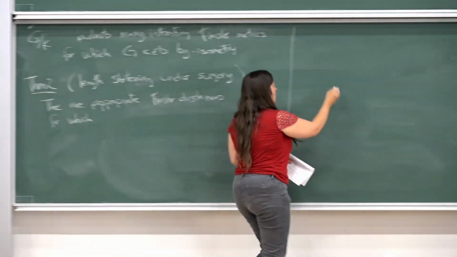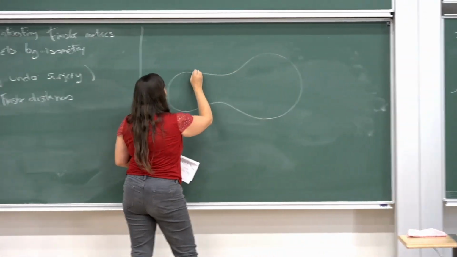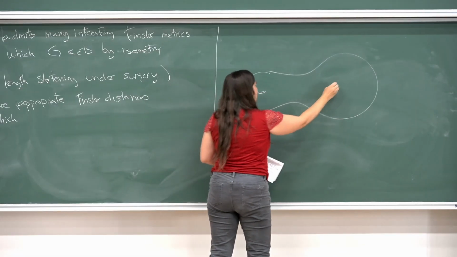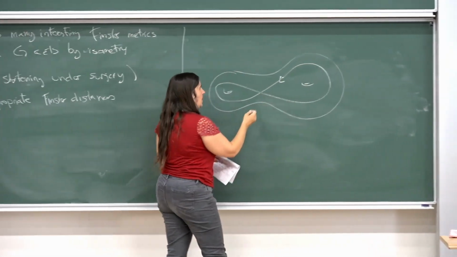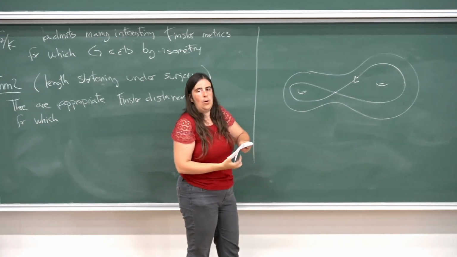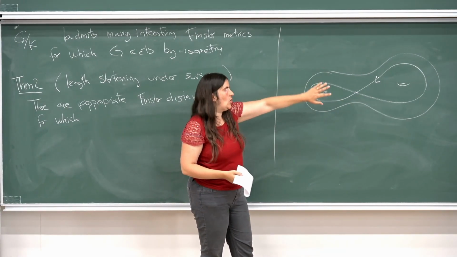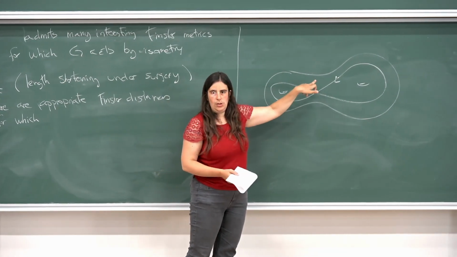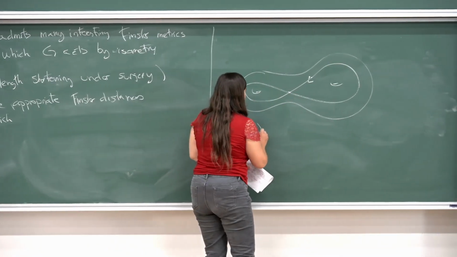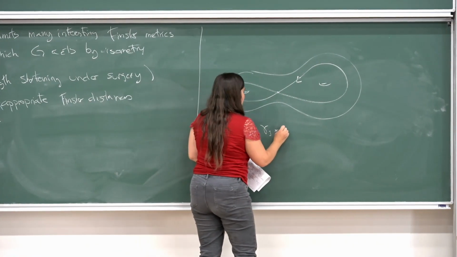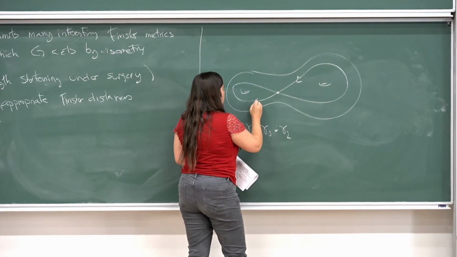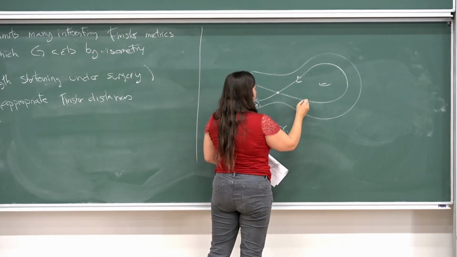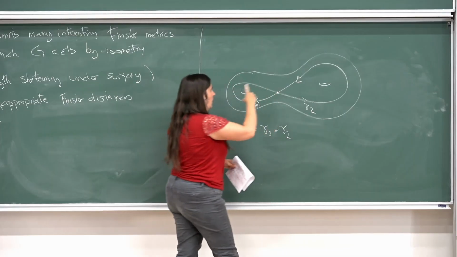if, again, I was on a surface, and in my surface I had a loop that was topologically self-intersecting. So I have one loop, I can pull it tight in any hyperbolic structure, and I see a self-intersection. This means I can write gamma as a concatenation of two paths, gamma 1 and gamma 2, that start from this base point.